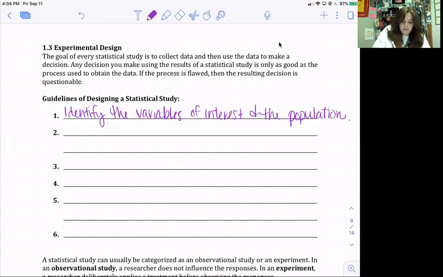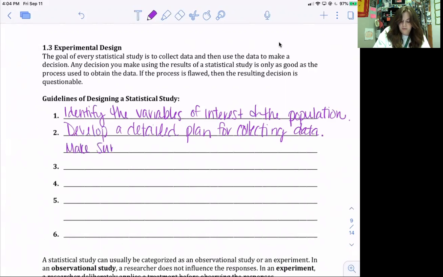Next, we want to develop a detailed plan for collecting the data. And here we want to make sure the sample represents the population.